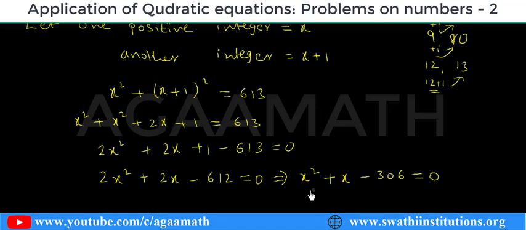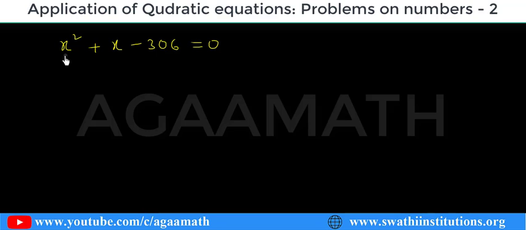Here we have to find the roots of this quadratic equation, x square plus x minus 306. Either we use a formula or we may use factorization, any one of them. For x square plus x minus 306, I would like to use the quadratic formula to find the roots.